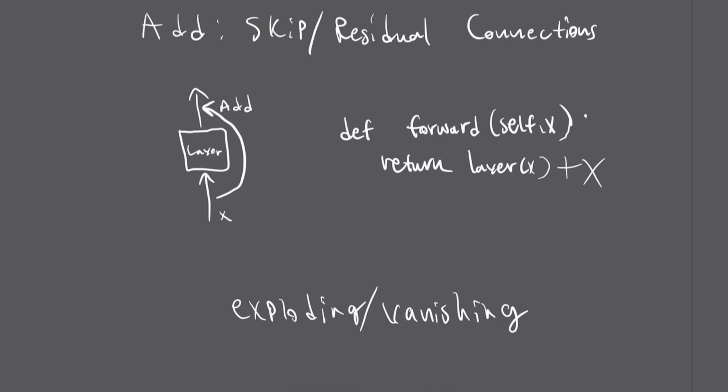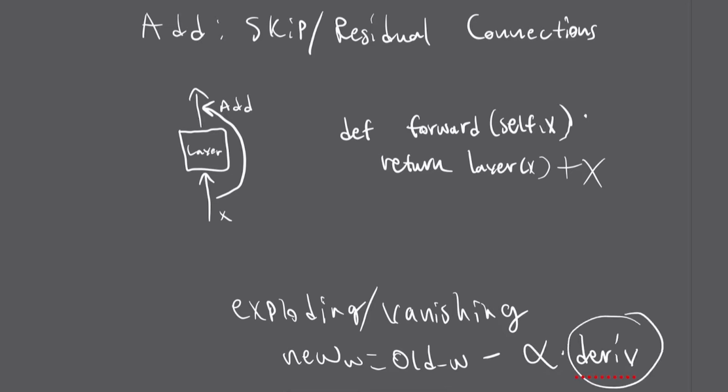And if we recall our update rule for gradient descent, we know that for any weight or parameter in a neural network, the new weight is actually just equal to the old weight minus alpha, the learning rate, times the value of the derivative or gradient. And if this derivative value is too small, if it's vanishing and going basically to 0, then this term is basically going to 0, and the new weight is almost the same as the old weight. So we're not able to update the parameter at all.